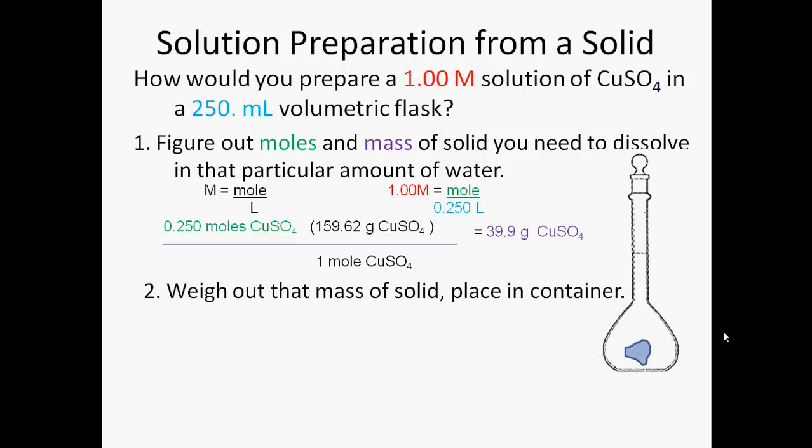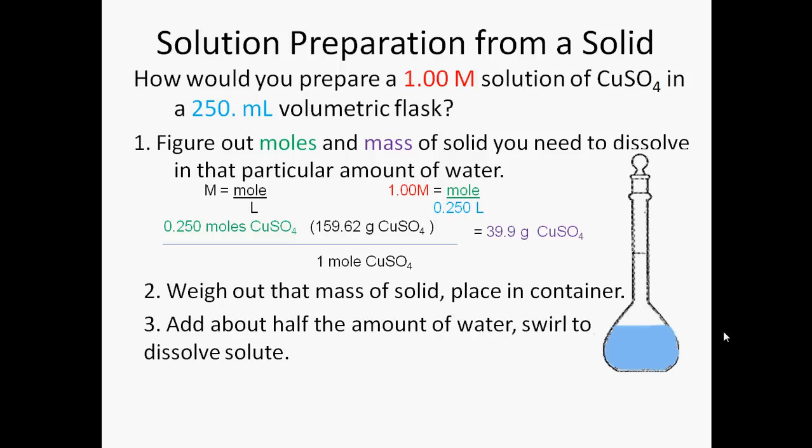Okay, so if we were to then go about actually creating this solution, we would weigh out 39.9 grams, and we would place it in whatever container we are making our solution in. In this case, it's a flask. Now from there, all we have to do is add the 250 milliliters of water that we need to make our solution. Now I highly recommend to you, both in the lab and also, if you're just making juice or whatever for yourself, start with just half the water and get it nice and mixed in.